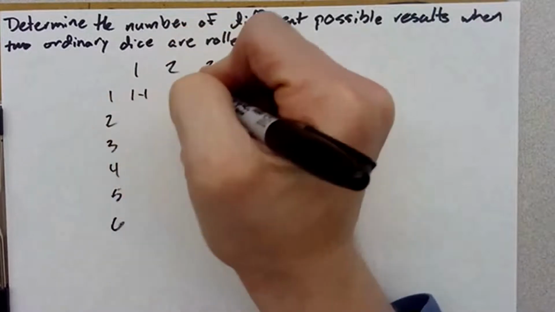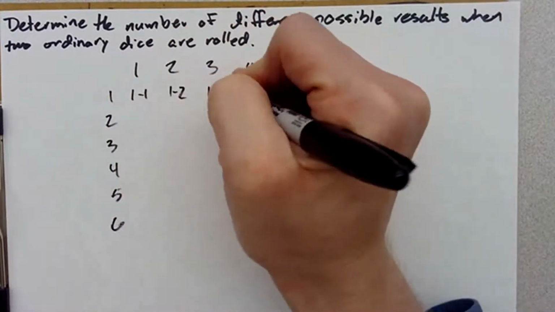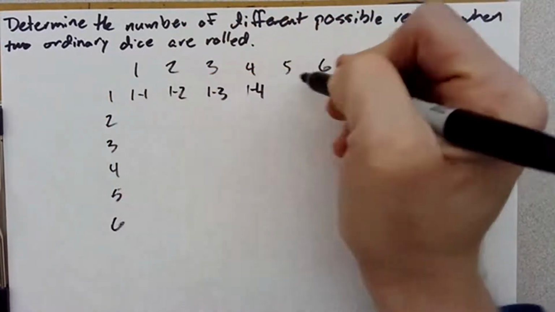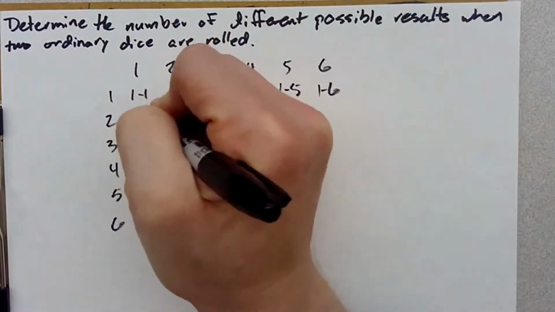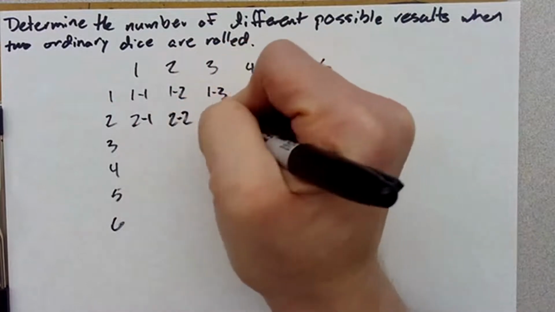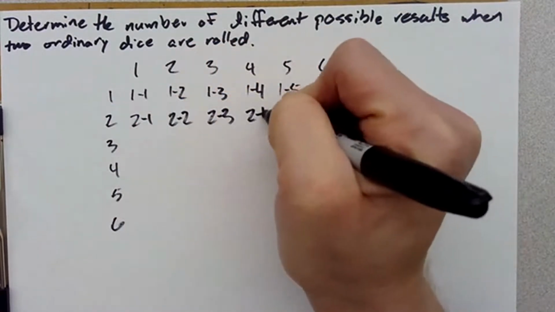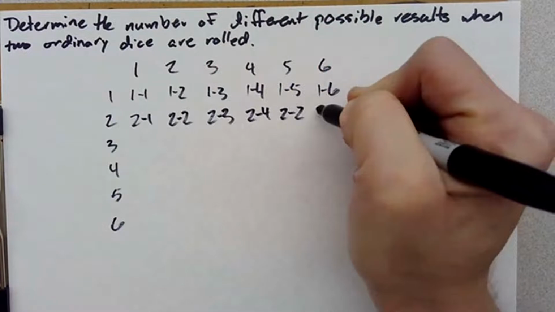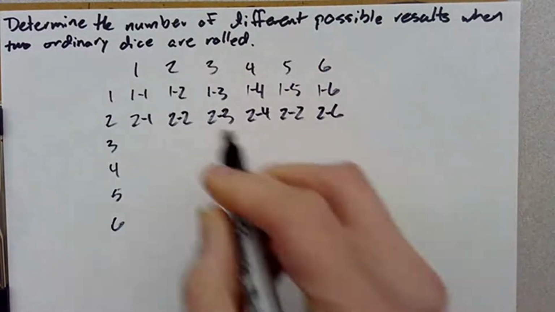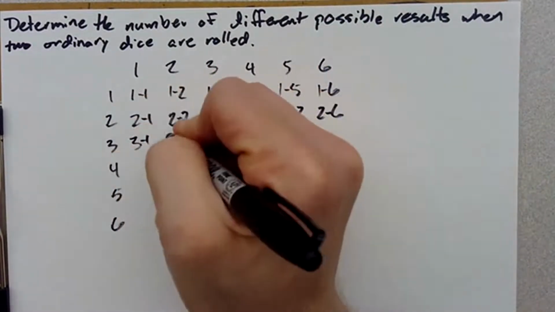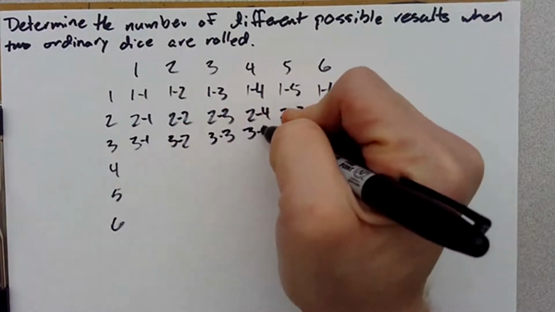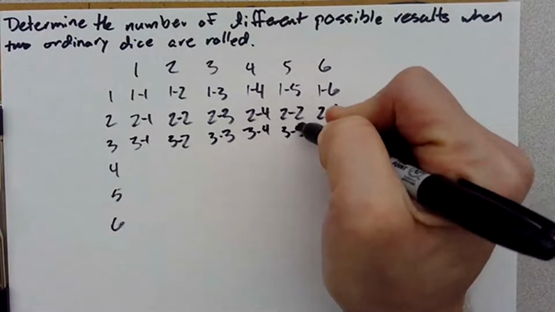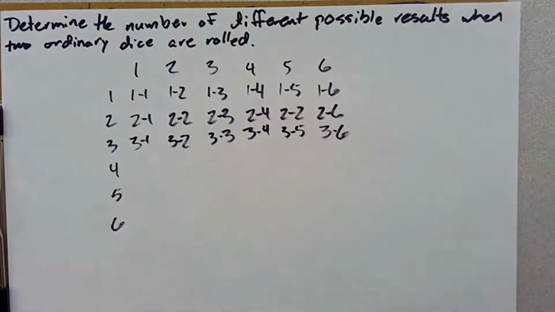So we get 1,1; 1,2; 1,3; 1,4; 1,5; 1,6; 2,1; 2,2; 2,3; 2,4; 2,5; 2,6; 3,1; 3,2; 3,3; 3,4; 3,5; 3,6, and so on.